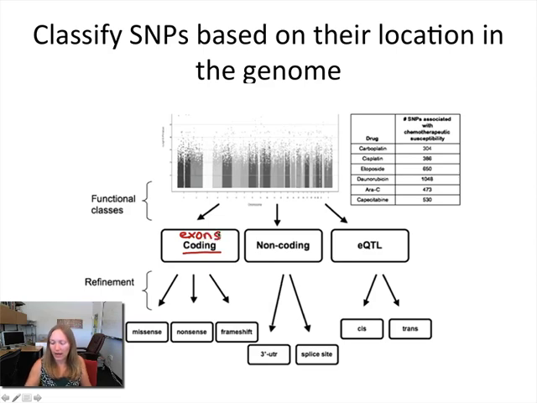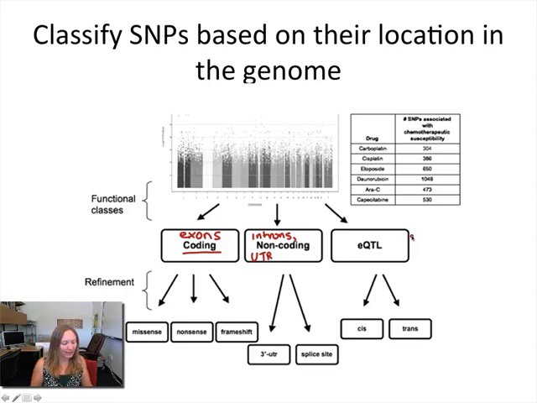Another is a non-coding region, this is things like introns or UTRs, untranslated regions, which are known to be regulatory, but that don't necessarily get translated exactly into the protein, but have some regulatory function probably. And EQTLs, these sites that are known to be associated with changes in gene expression.